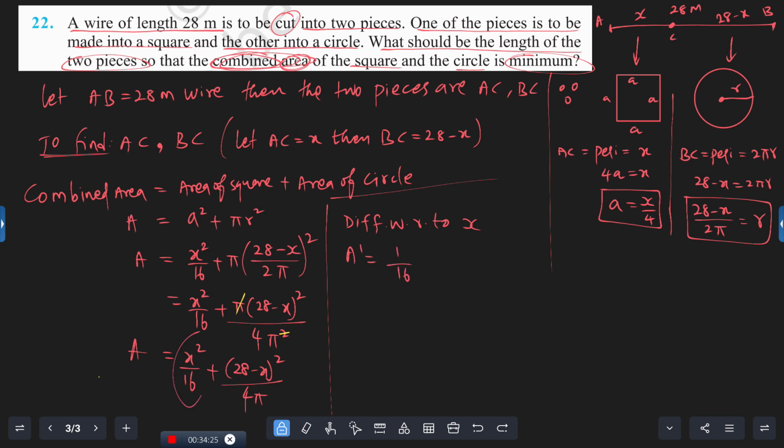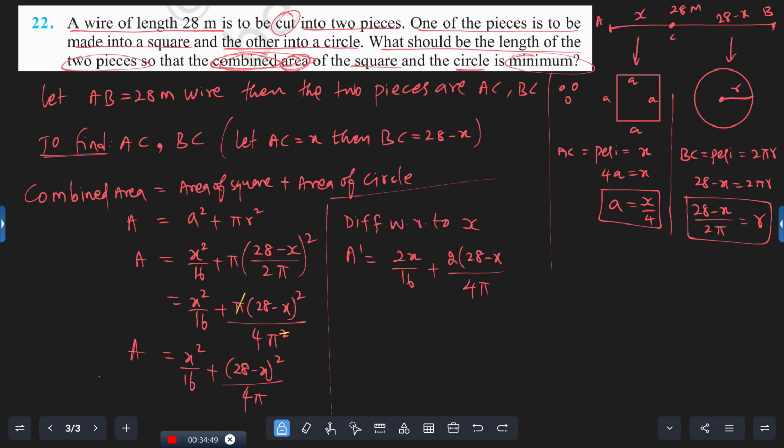X square when I differentiate will be 2x. 2x will be as it is, by 16 as it is. Now divided by 4 pi as it is because of the denominator 4. Multiply 4, divide 4, and all will be as it is. Now the numerator 28 minus x whole square, when you differentiate, 2 will be coming down.